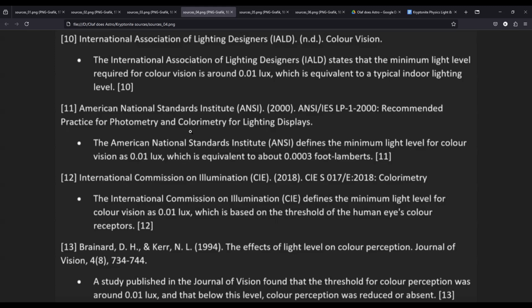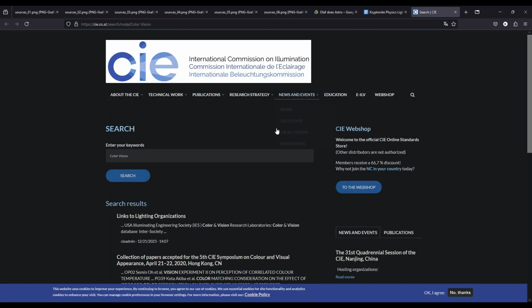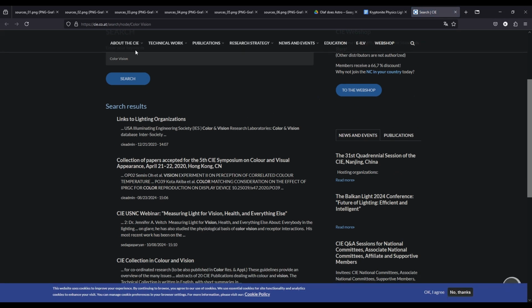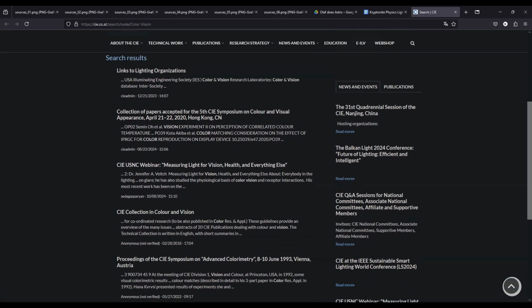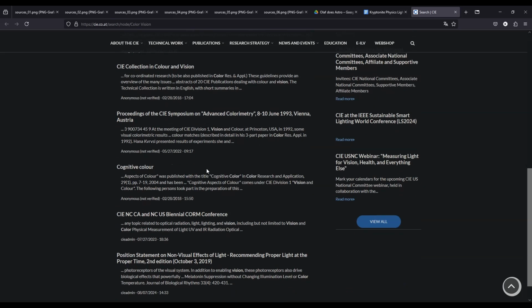Now, citation number 10, the International Association of Lighting Designers. I had a look. When it comes to color vision, I had a couple of looks, and I couldn't really find anything much other than some restrictions on how bright something can be and some minimum requirements.